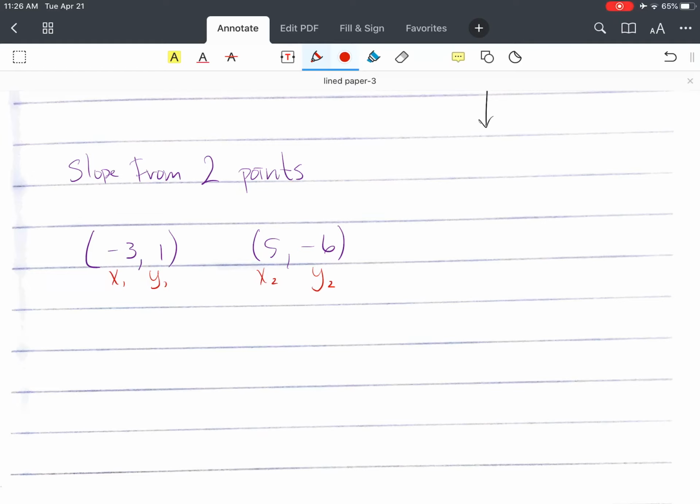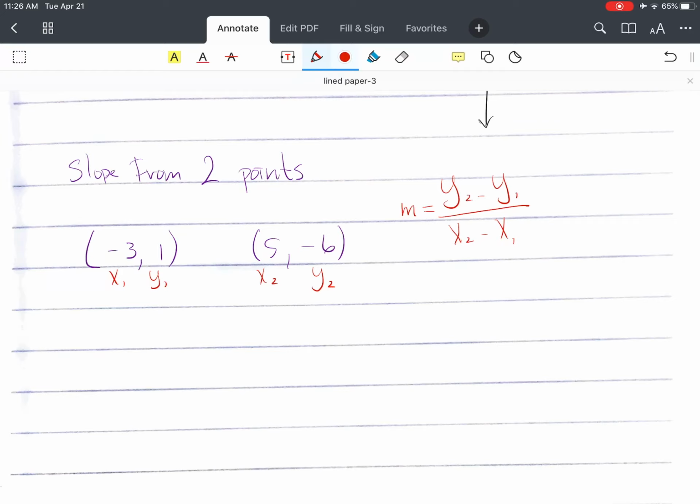I never taught you this formula in class because I wanted you to have a better understanding of the visualization. I wanted you to be able to graph the points, connect the points, and then draw the triangle. So, the formula for slope is y2 minus y1 over x2 minus x1.